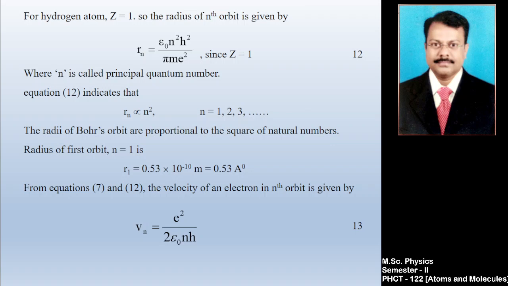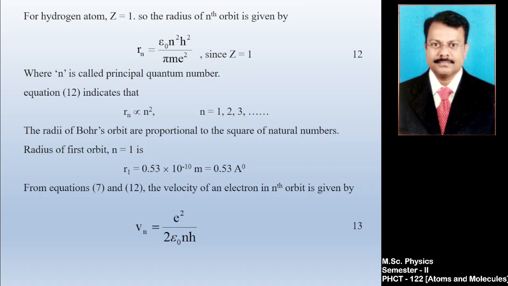Z value is 1, that's why I am not writing it. This is equation number 12, where n is the principal quantum number, whose value is 1, 2, 3 up to infinity.